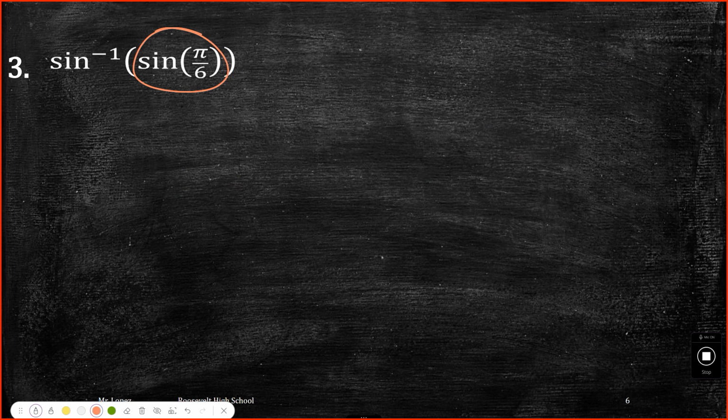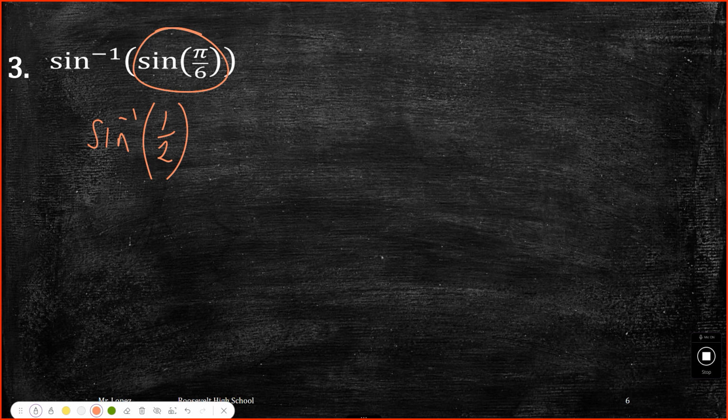What's pi by 6 in degrees? 30. What's sine of 30? If by the end of this chapter you don't know what sine of pi by 6 is, that's like not knowing 1 plus 1 is 2. Sine of pi by 6, sine of 30, is 1/2. This is 1/2.